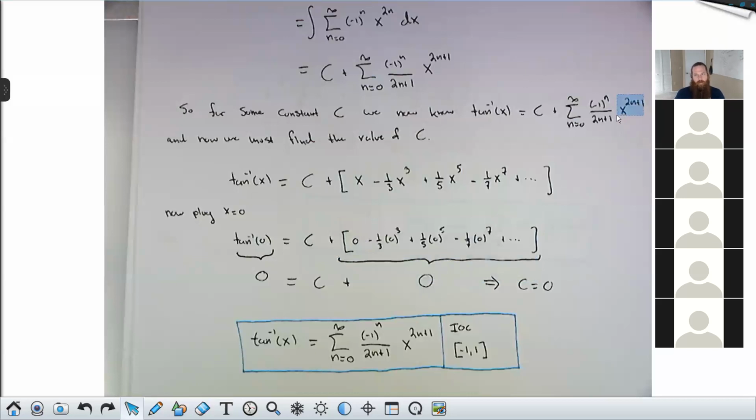So this series is centered at 0, and plugging in the center makes all the terms 0. Also, I happen to know what the inverse tangent of 0 is. So 0 is a nice number to plug in to this expression because I know the value of every single piece of this expression at x equals 0. But if I knew the value of every single piece of this expression at x equals 1, I could have done that also. But usually you'll be plugging in 0.